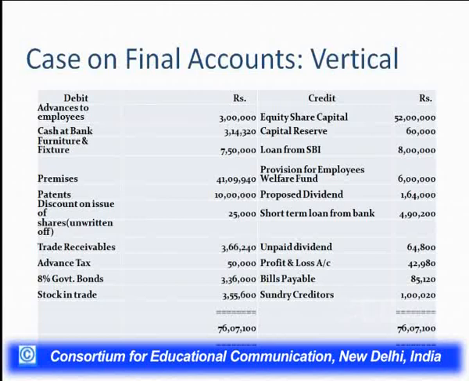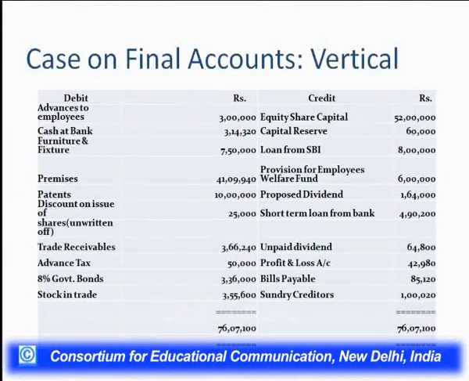Mind you, we discussed this thing that unpaid dividend is to be shown separately, then provision for dividend, right, or proposed dividend. Unpaid dividend 64,800, profit and loss account credit balance means it is profits 42,980, bills payable 85,120 and sundry creditor 1,20,000, right.